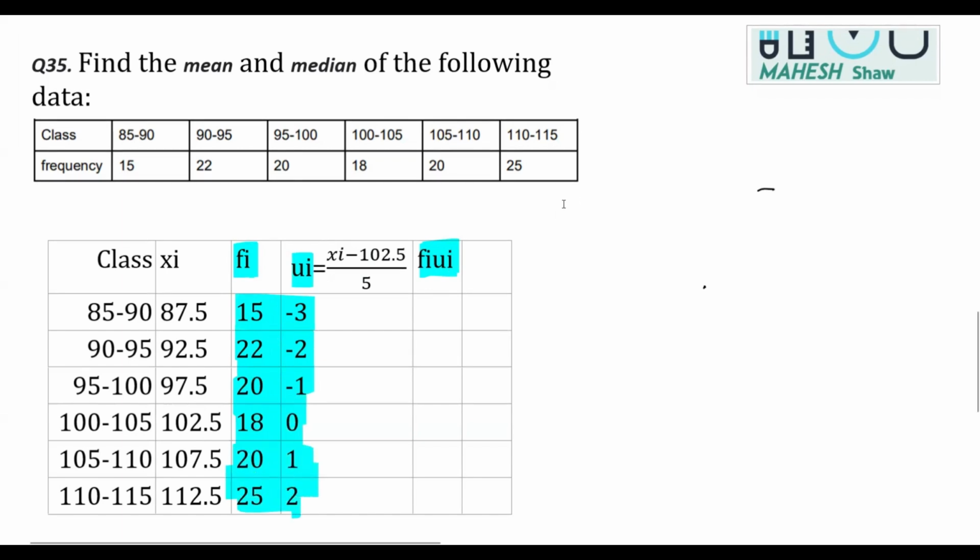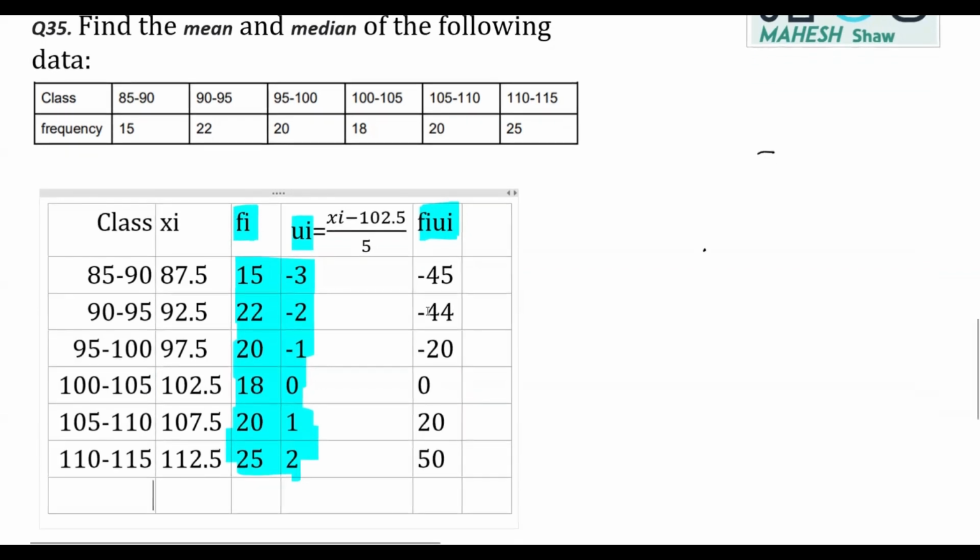If I multiply here, what we are going to get is minus 45, then 22 times minus 2 is minus 44. Then it is 20 times minus 1, which is minus 20. Then any number multiplied by 0 is 0. Then it is 20 into 1 is 20 and 25 into 2 is 50. Now, once we have obtained this, the next thing is to obtain the summation of this.